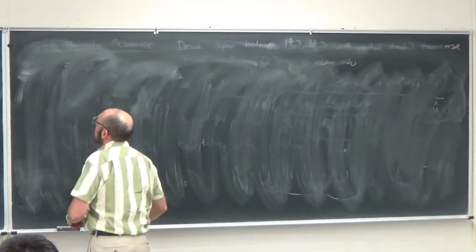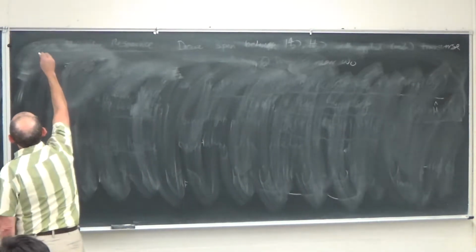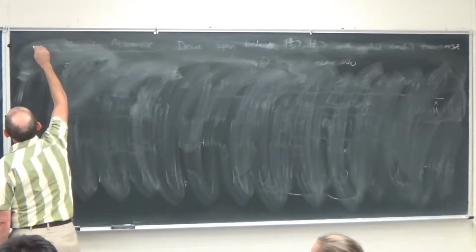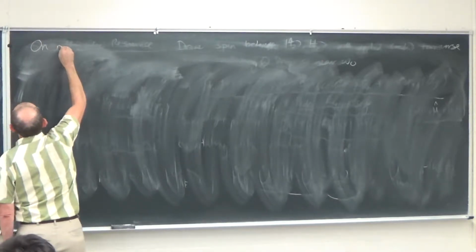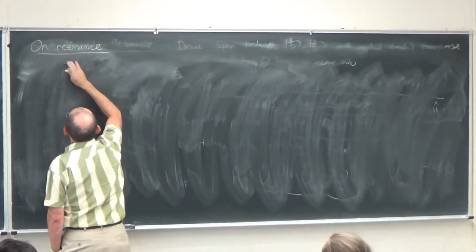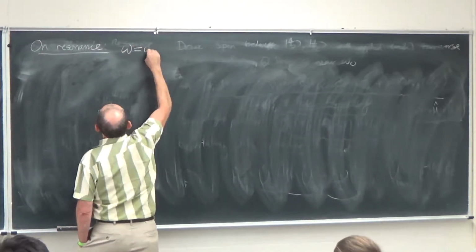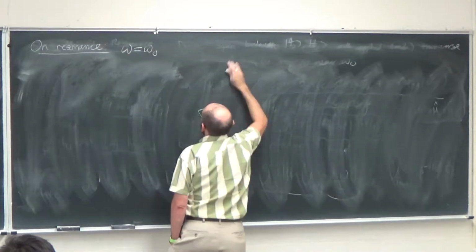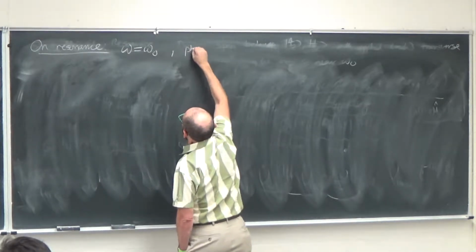So, as we look at the simple case, and I'll do it again, let's just look on resonance first. So right on resonance, we set the applied frequency equal to the resonance frequency, and let's choose the phase to be 0.